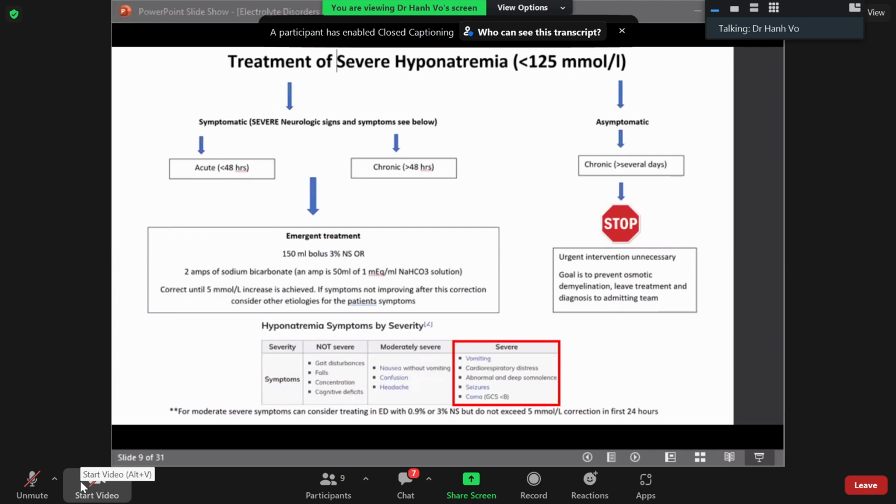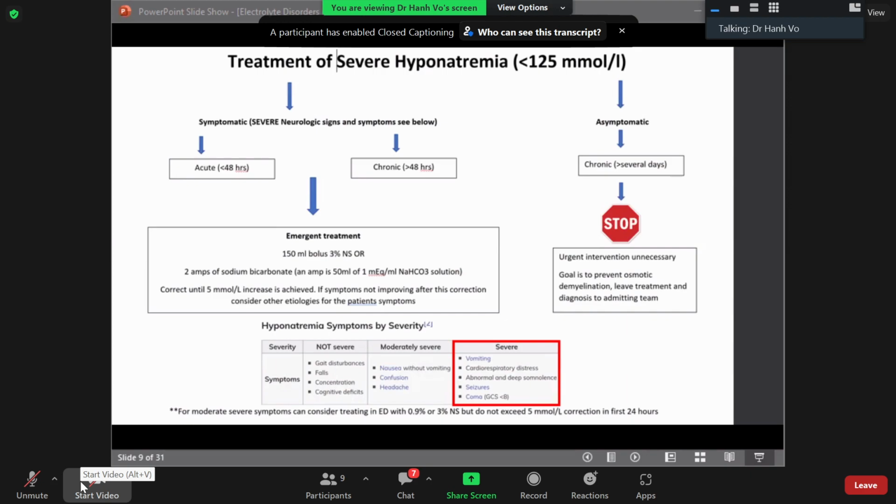So if the patient has a sodium level lower than 125 milliequivalents per liter, with seizure or altered mental status, we will give hypersaline, like 3% hypertonic sodium chloride. If we don't have hypertonic saline, we can give sodium bicarbonate.